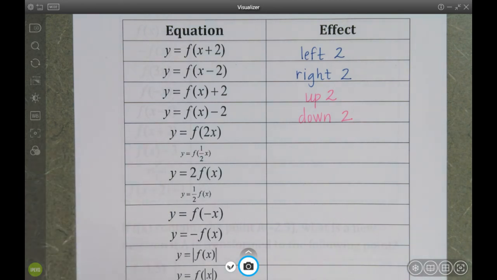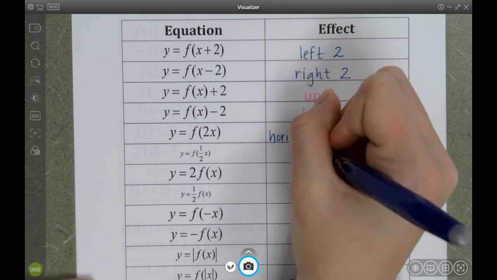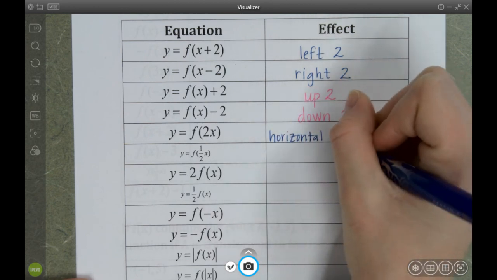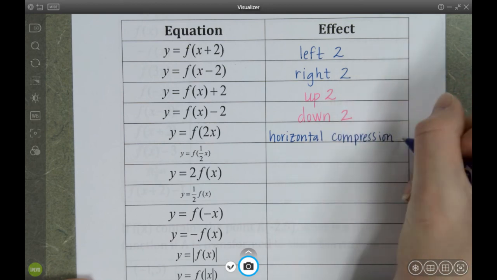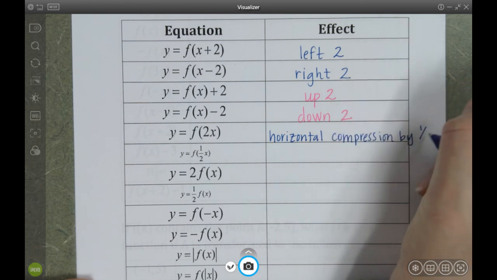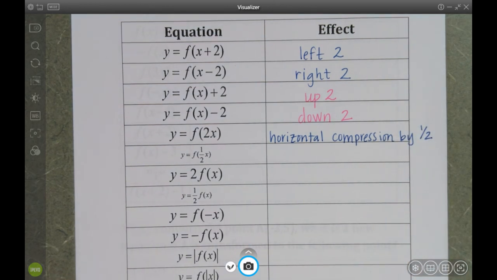Okay, we're almost done. Okay, what about when we multiplied by 2 on the inside? You're showing me with your hands. It was a horizontal squish, right? A horizontal compression by a half. And then what happened when there was a 1/2 on the inside?